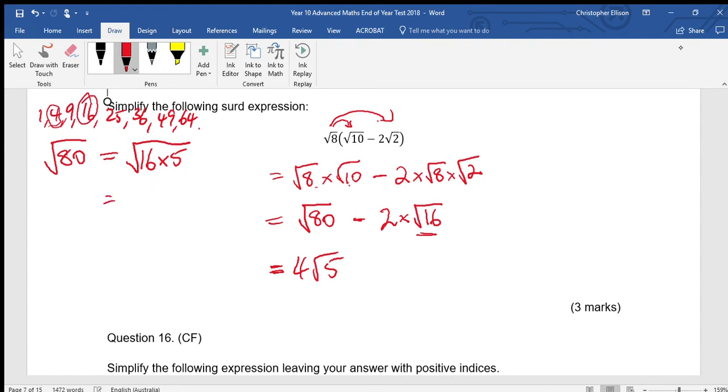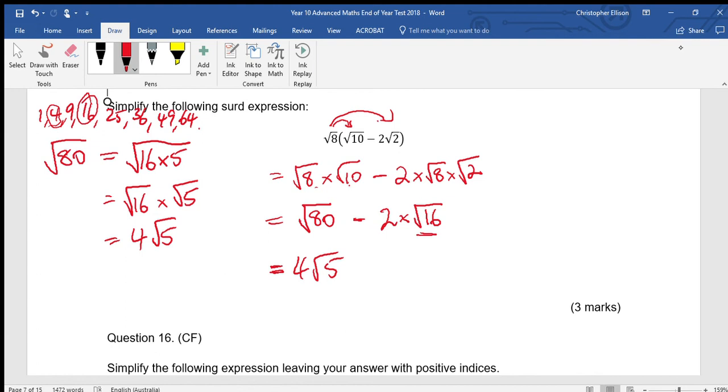We're going to go square root of 16 multiplied by the square root of 5. Square root of 16 is 4. Square root of 5 we can't do, so we leave that as square root of 5. Well, the square root of 5, sorry, is an irrational number. You can't get a whole number for that. So either way, the square root of 80 becomes 4 root 5.